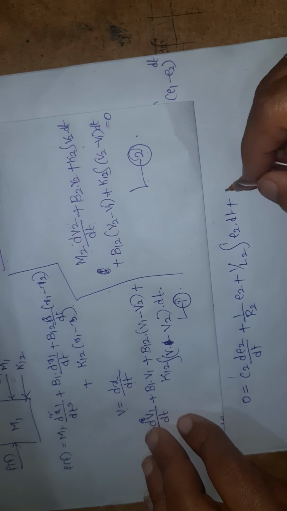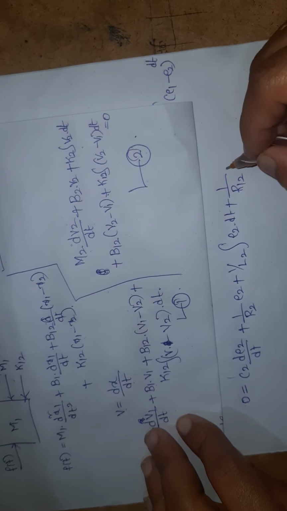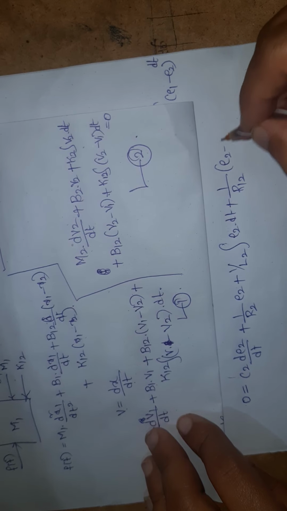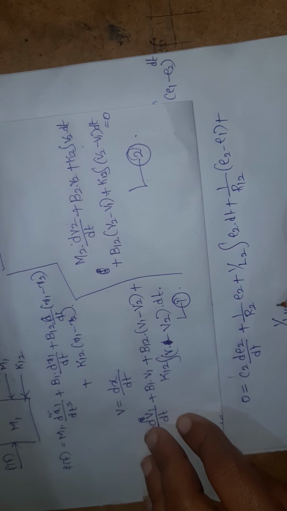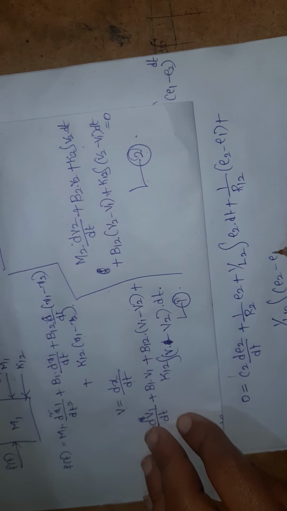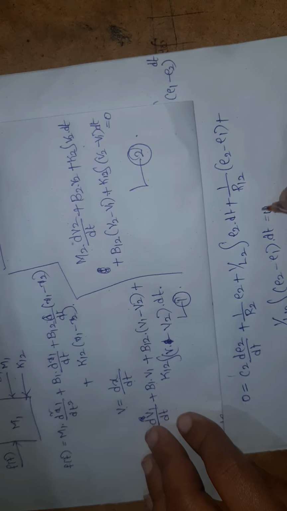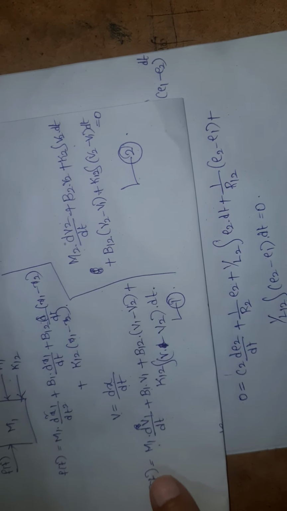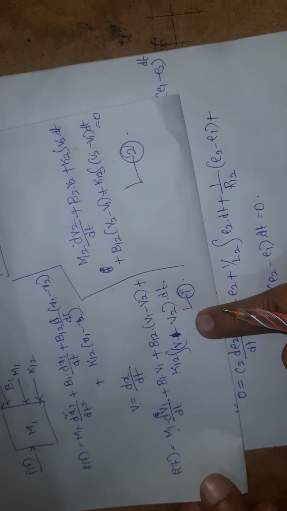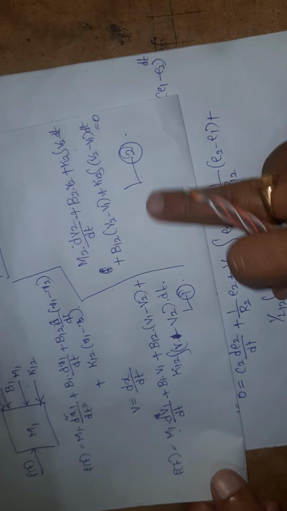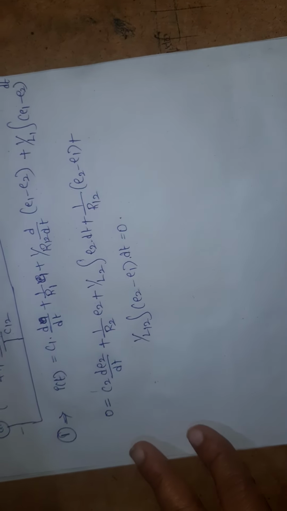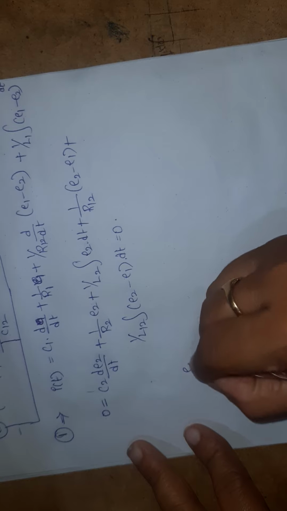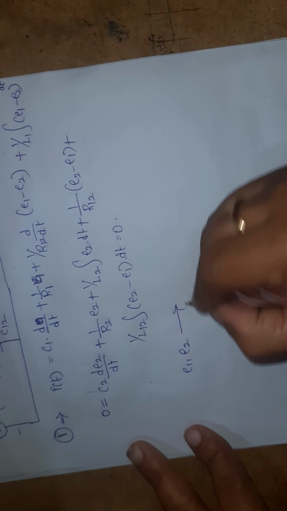B is replaced with 1 by R12 into E2 minus E1 plus 1 by L12 integration of E2 minus E1 into dt equal to 0. So we are just simply replacing the elements, we are not making any changes. So now draw the force to current analogy. Similarly, how many voltage sources am I having? E1, E2, two voltage sources.